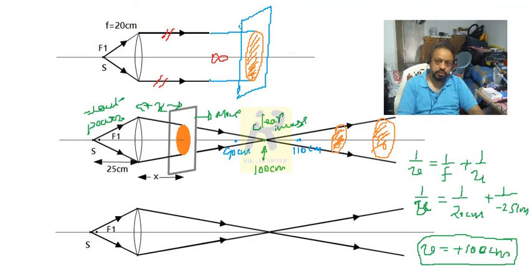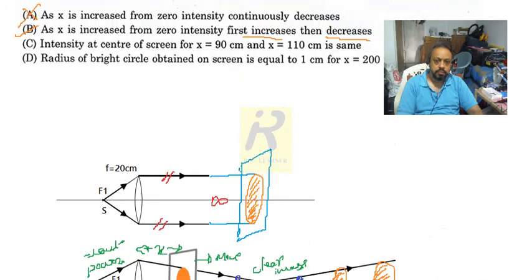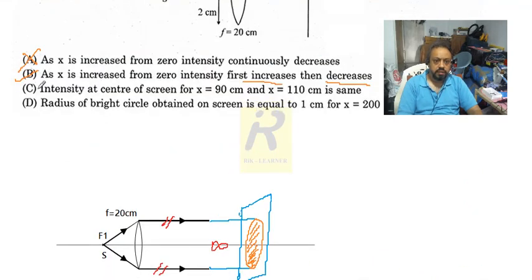That means they should be represented by the circle of light of equal widths. That means the intensity at these two points, 90 and 110, should be the same. So what he is saying in option C is right. So option C is right.